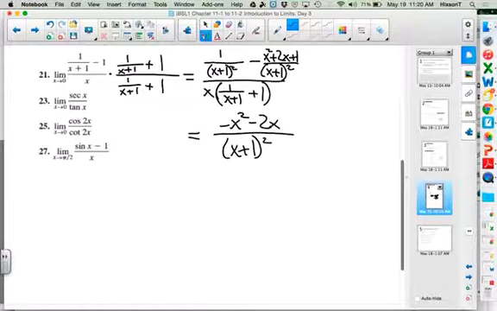But that's my numerator only. Now I need to work with my denominator. So what I'm going to do with my denominator is the same thing. I'm going to get a common denominator by changing that 1 here into an x plus 1 over x plus 1.